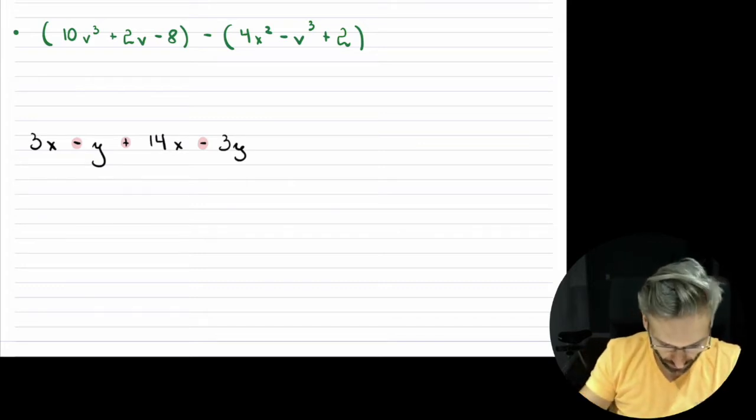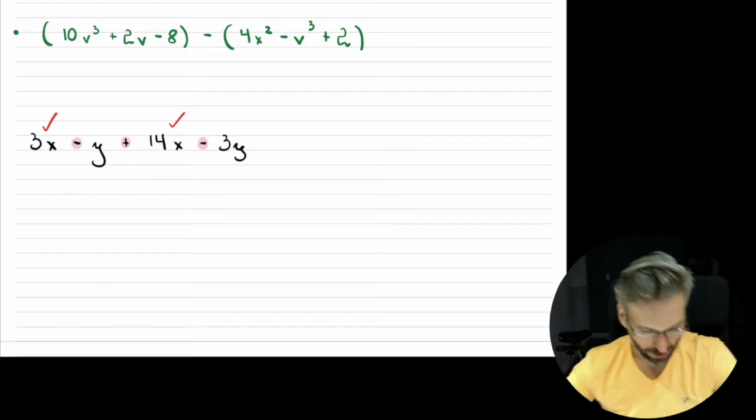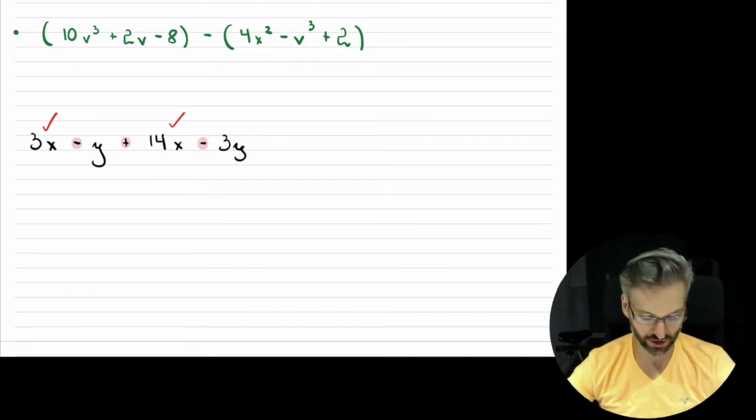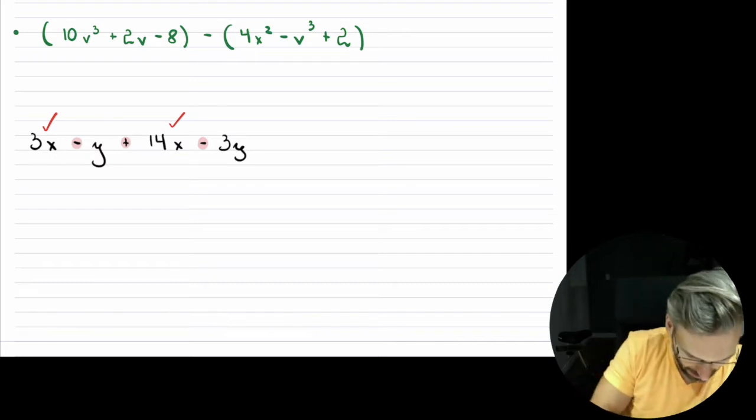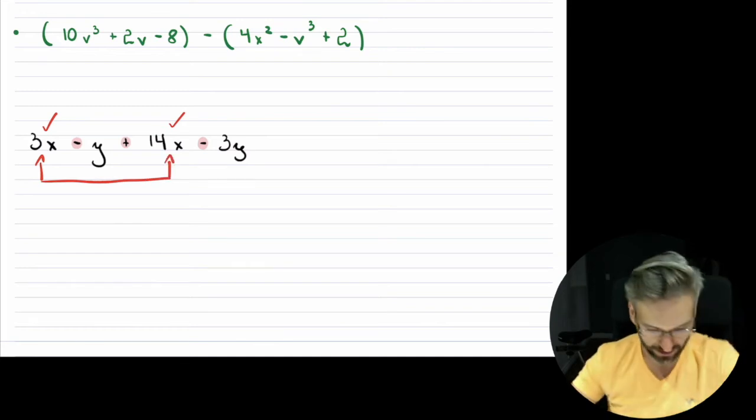So we have four different terms within here, and I notice right away that both of these two terms have different coefficients, but the unknowns are the same. They have the same exponent in this case. So I can nicely collect the like terms right there.